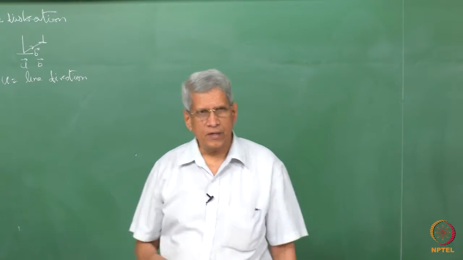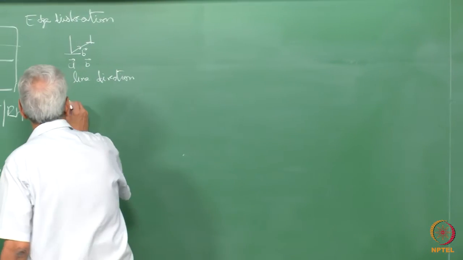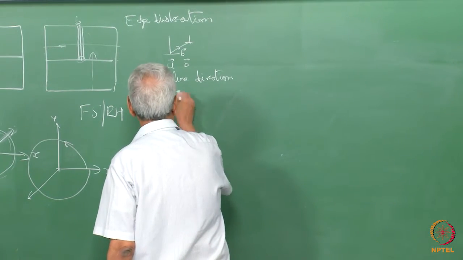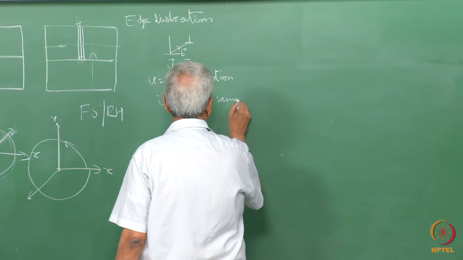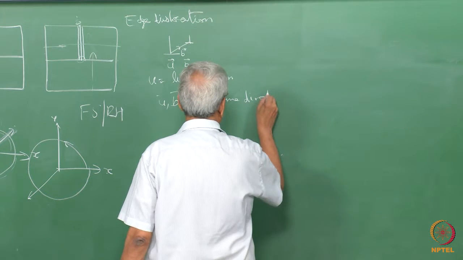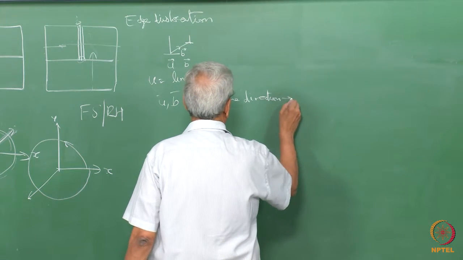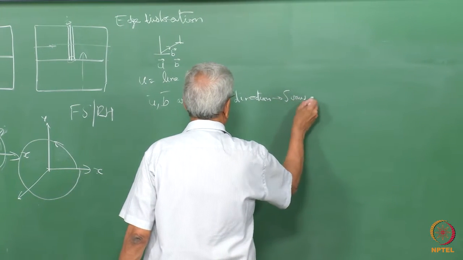What happens in the case of a screw dislocation? u and b are in the same direction. For this is a screw dislocation.